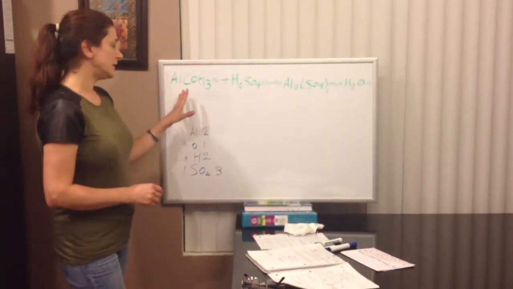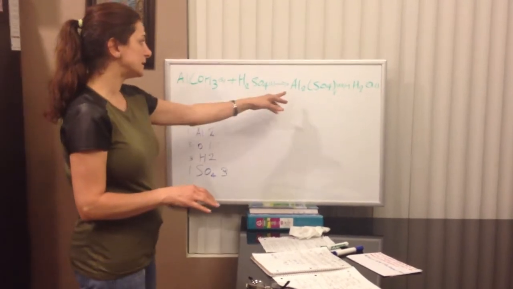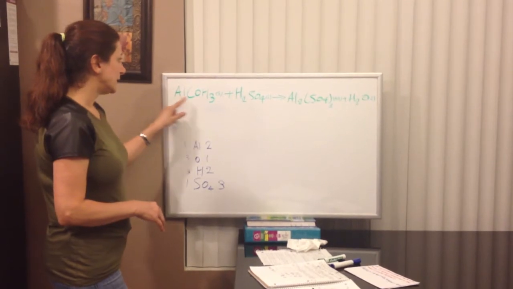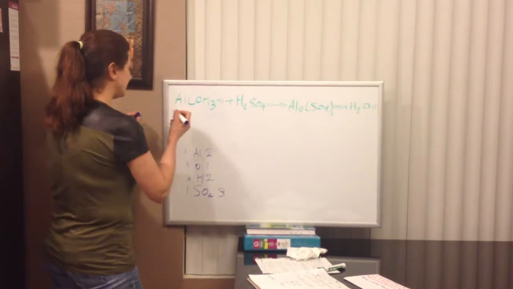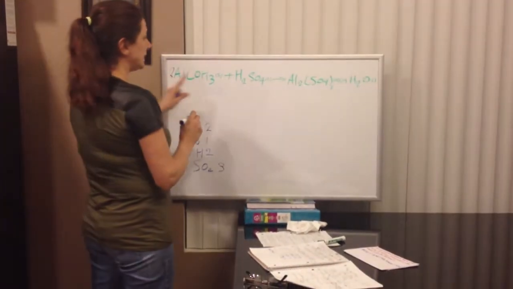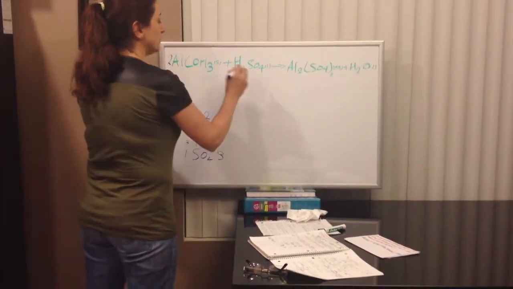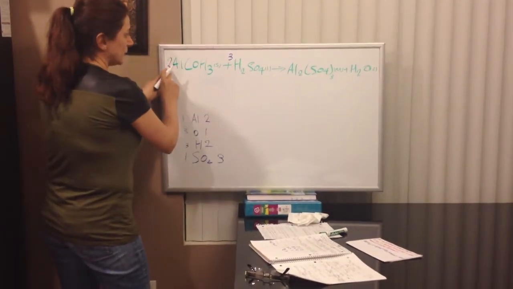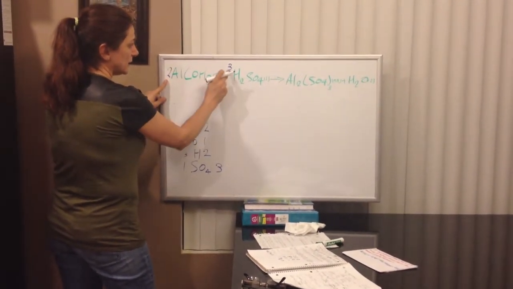So the equation, I'm going to balance the equation first before I start anything, because it's obvious the equation is not balanced. I have 1 aluminum here, I have 2 aluminum there, so I'm just going to put 2 aluminum here. And then after that I'm going to balance SO4, which if I put 3 here, I will have 6 oxygen here and 6 hydrogen.